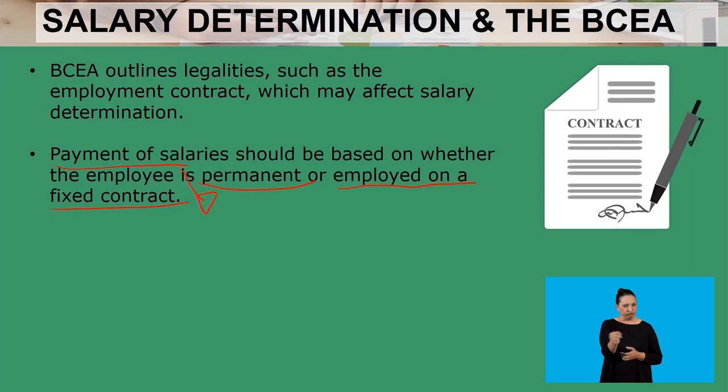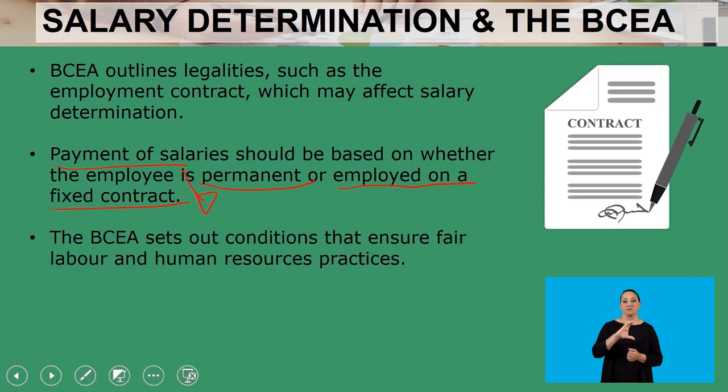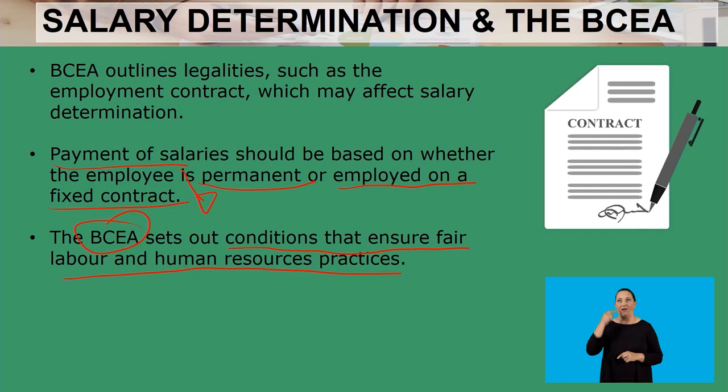This is the nature of employment, so we are guided by the BCEA again. The BCEA sets out the conditions that ensure fair labor and human resource practices. Very important. Remember, this serves as a guide. As the employer, you don't just wake up in the morning and pay out salaries the way you wish. You are guided by the Basic Conditions of Employment Act.